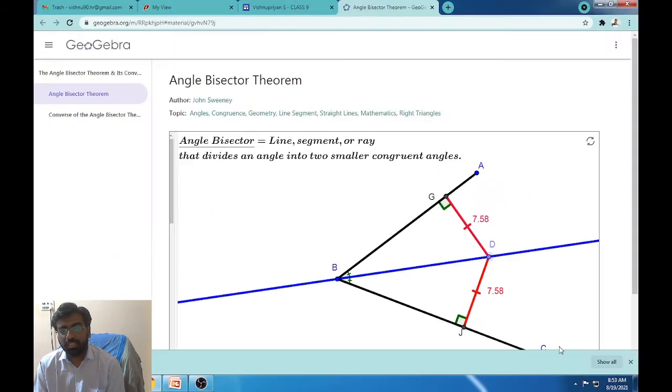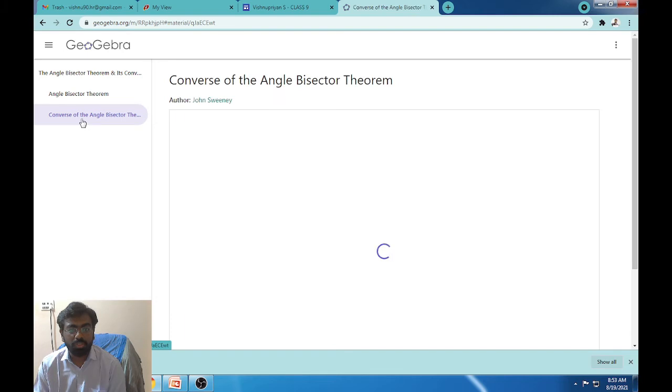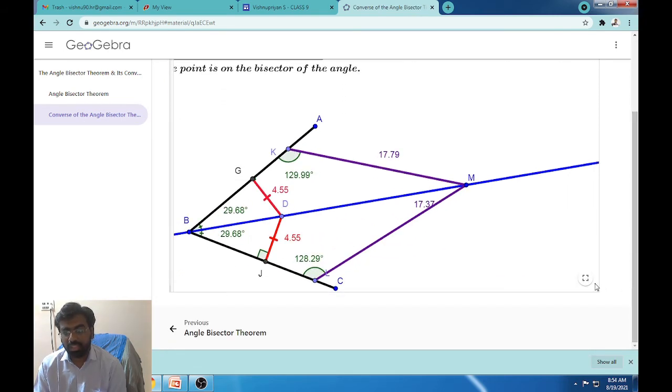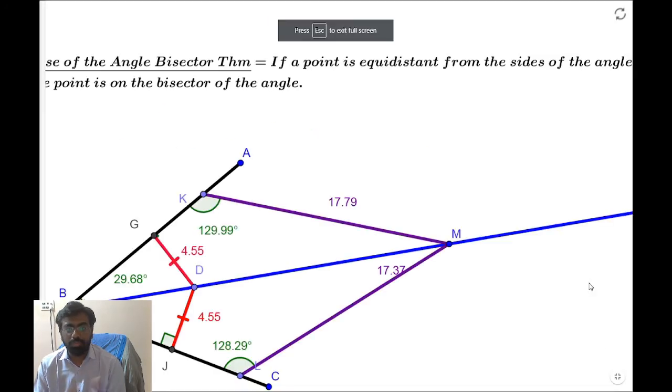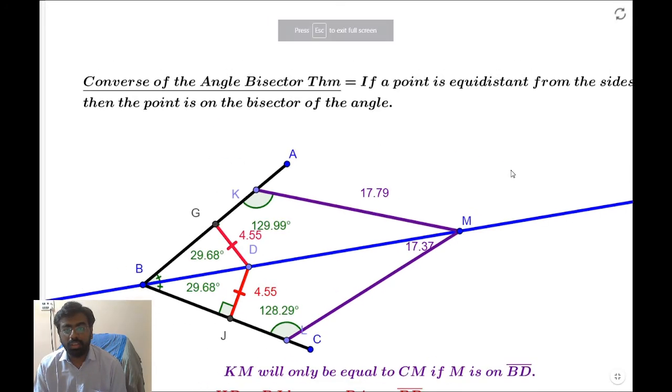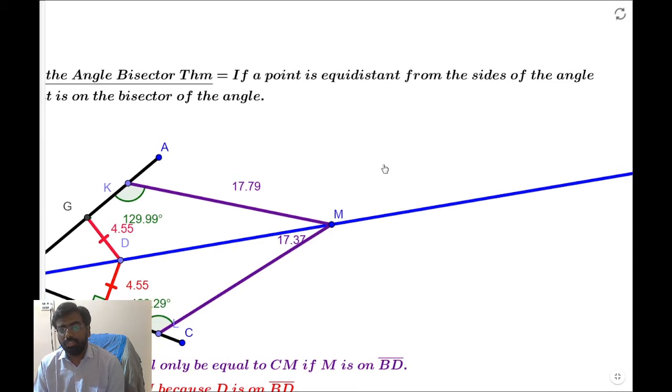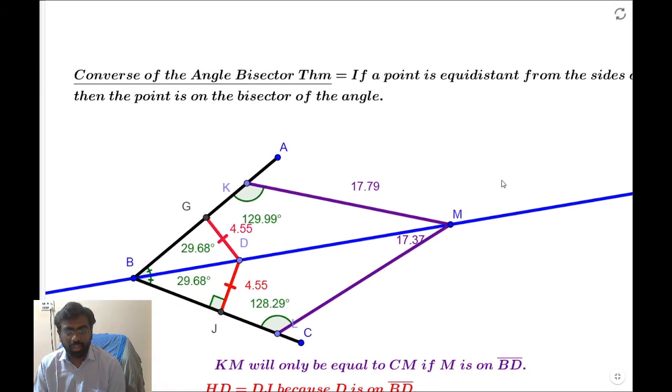The second thing is the converse of the angle bisector theorem. There is an option given inside, so click on the converse of the angle bisector theorem. The converse is just the opposite of the theorem. If a point is equidistant from the sides of the angle, then the point is on the bisector of the angle.